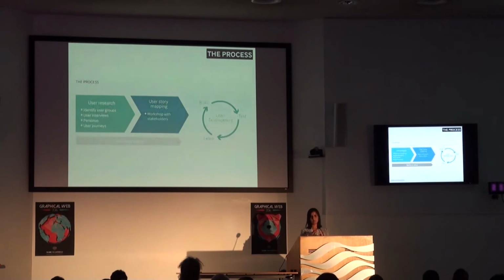That is the minimum that we do, and we try to do as little design upfront as possible. Then we do a user story mapping workshop, which is a way to plan the development process and prioritize the releases. Then it starts the cycle of build, measure, learn. That's the lean startup process.